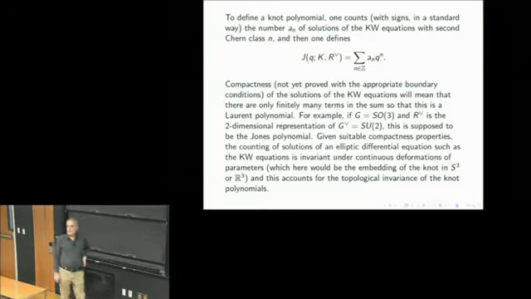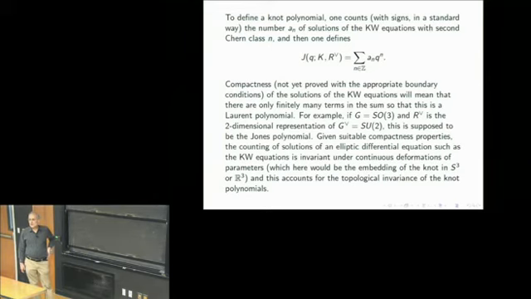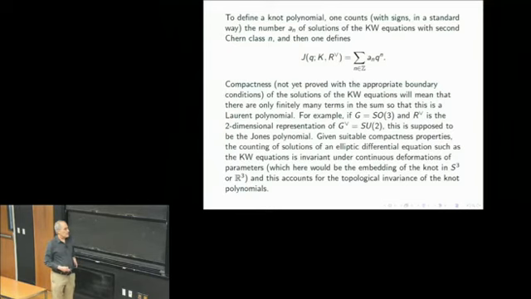In this problem, the parameters we want to continuously vary would be the embedding of the knot in S^3 or R^3. So the statement that the counting of solutions is a topological invariant accounts for the topological invariance of the knot polynomials, given this characterization of them.